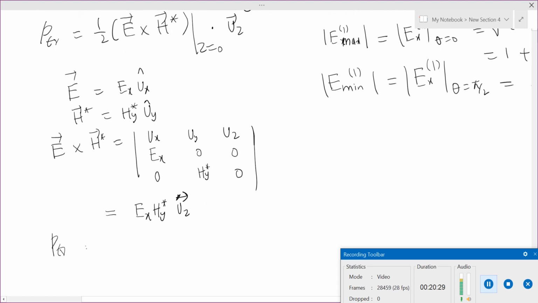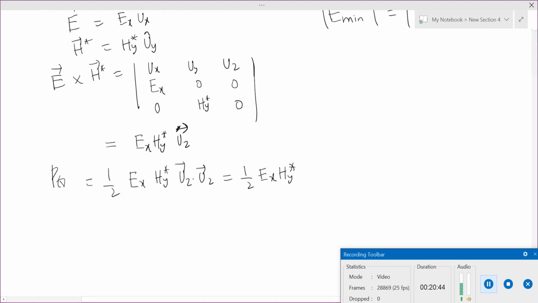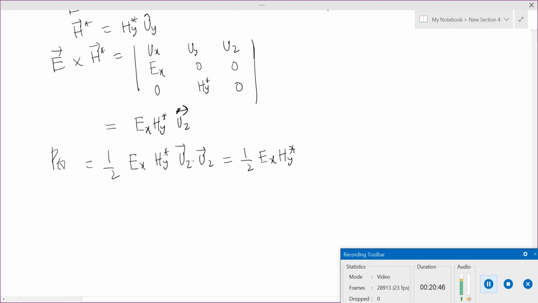P transmitted will be half Ex Hy conjugate Uz dot Uz. They are in the same direction, so half Ex Hy conjugate. Now we are considering it at the boundary z equal to 0, so we can take either.